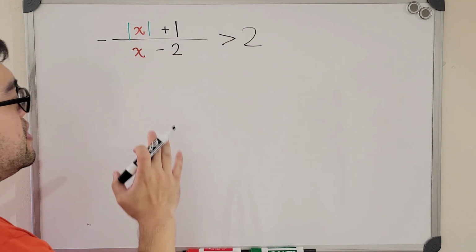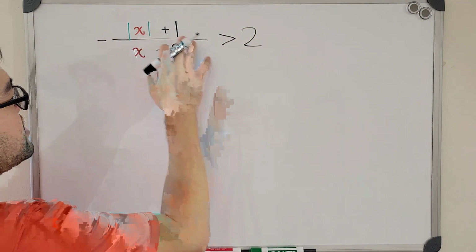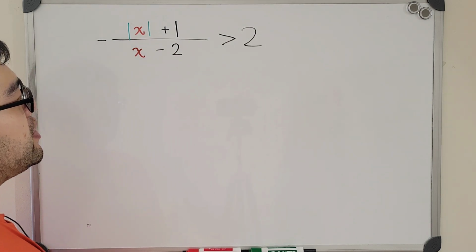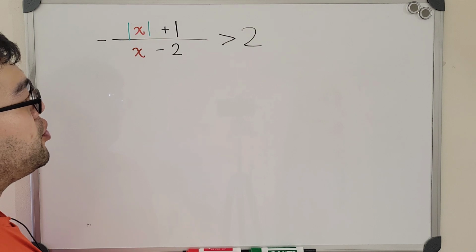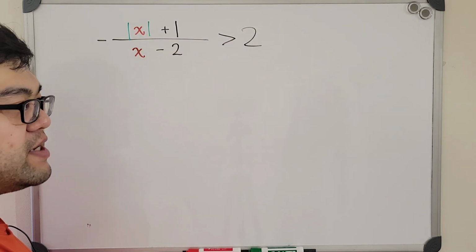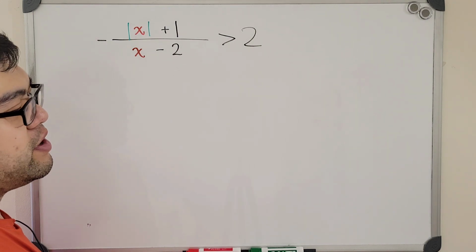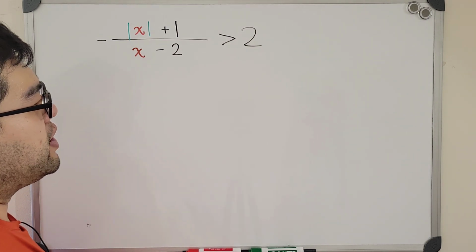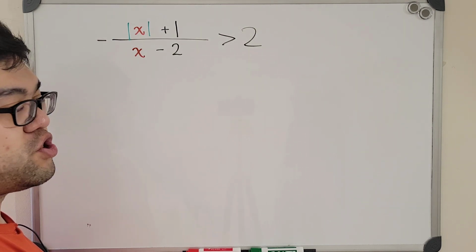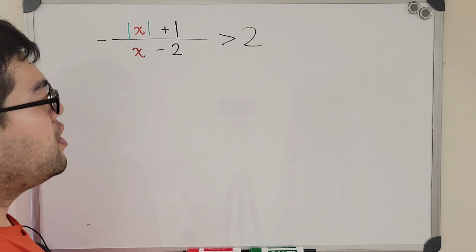And in this case, we know that the bottom cannot be equal to 0, because if it is equal to 0, the left hand side is some number divided by 0, and it will be undefined, or indeterminate if the top is also 0.